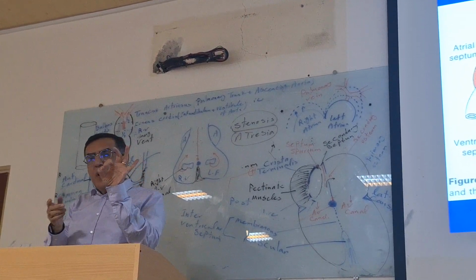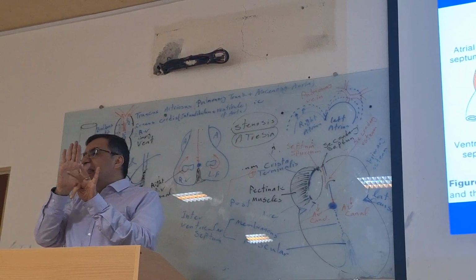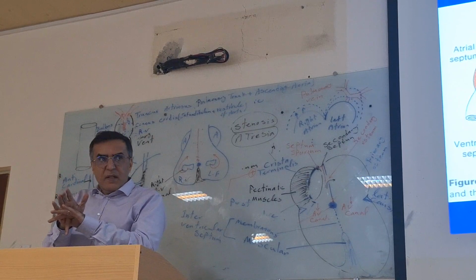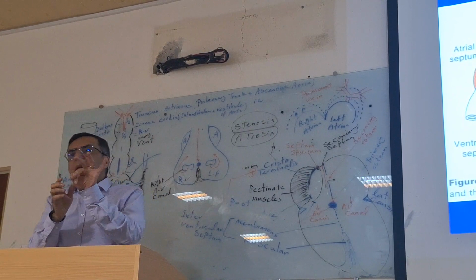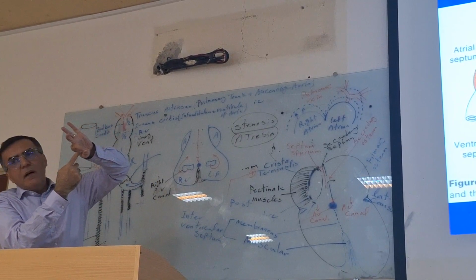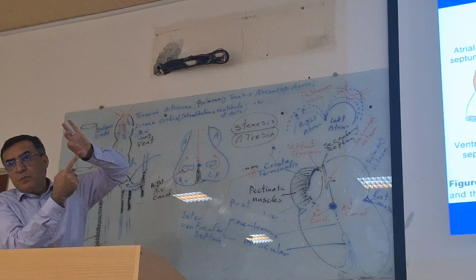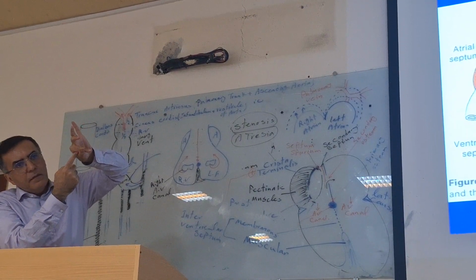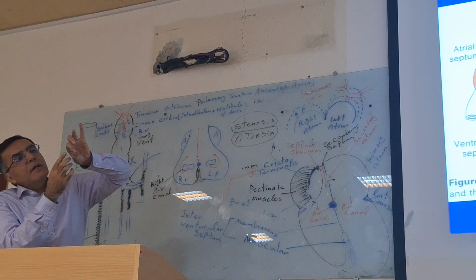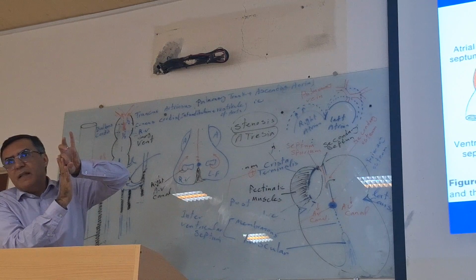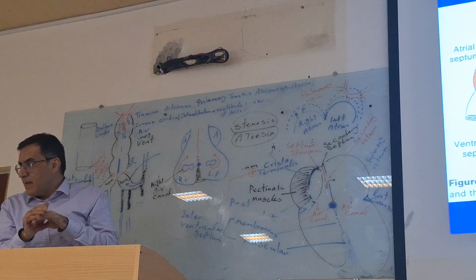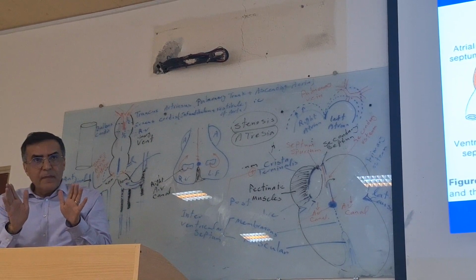For example, if a foramen is closed completely, we say atresia. Stenosis is narrowing. For example, this is the opening of the ascending aorta. If it is very narrow, small, we say stenosis. But if it is closed completely or destroyed, we say atresia. Do you understand me?